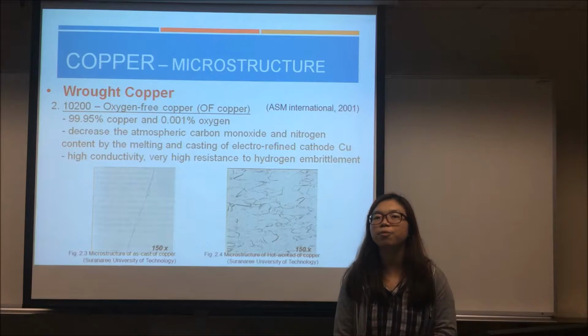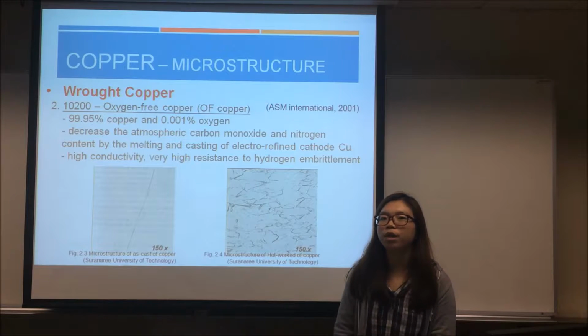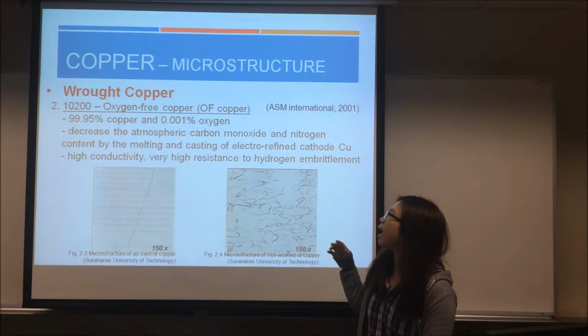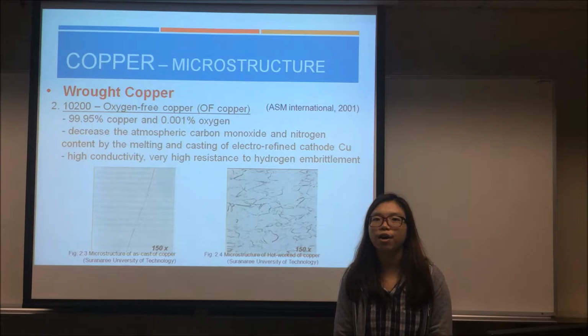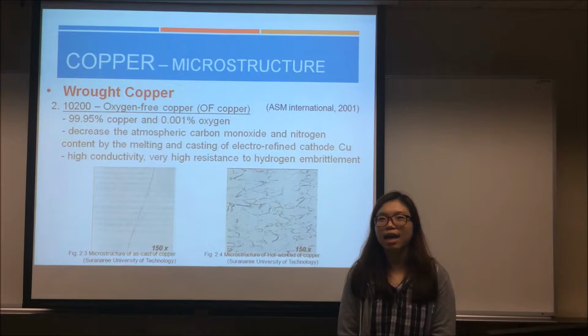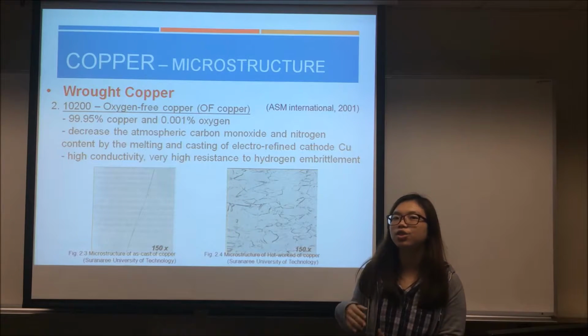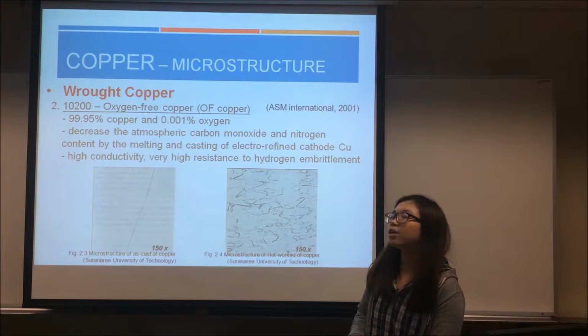It is produced from the melting and casting of electro-refined cathode copper in an atmosphere with decreasing carbon monoxide and nitrogen content. It has a high conductivity and very high resistance to hydrogen embrittlement.